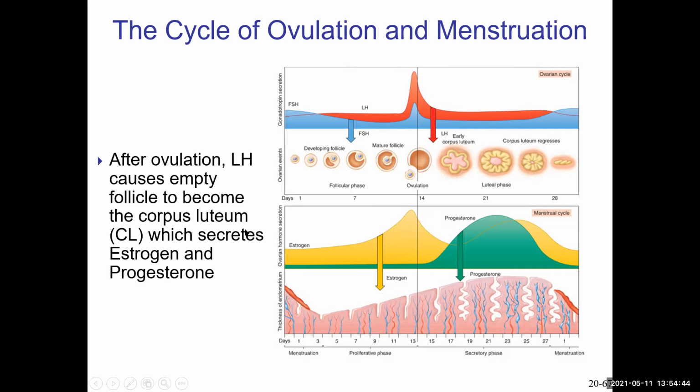Positive. So this is another example of a positive feedback mechanism, and this continues till the egg is outside the follicle, ovulation.